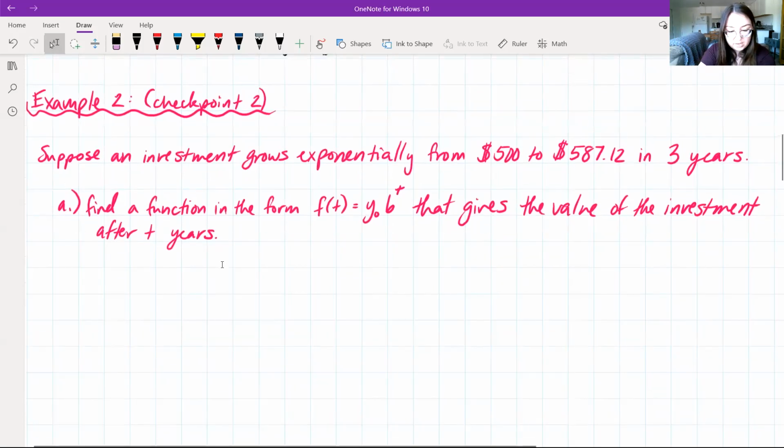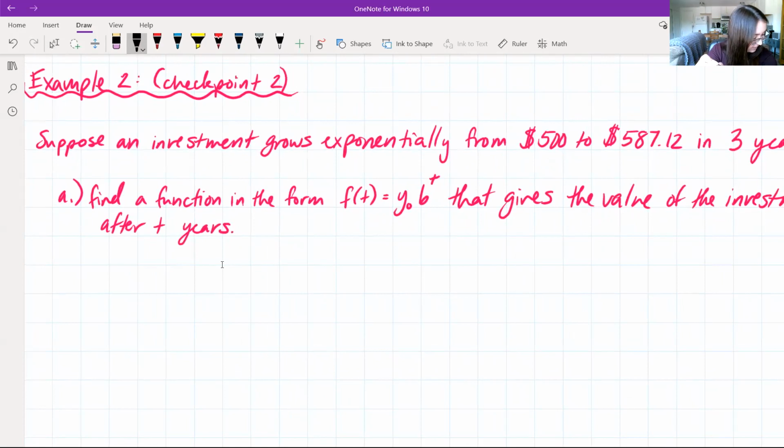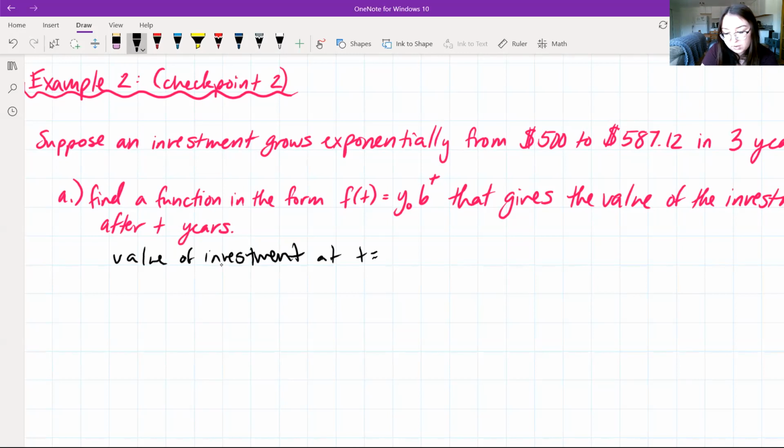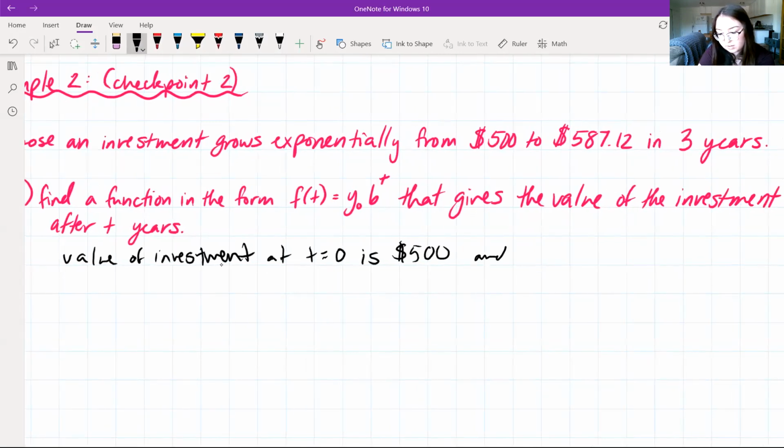So we have that our value of investment, at our initial time, or t equals 0, is $500, and at 3 years, or t equals 3, is $587.12.